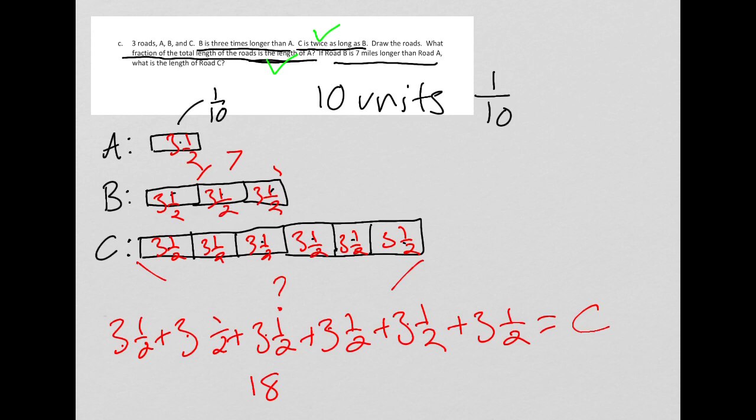And then I have 6 halves, and so that's going to be 1, 2, 3. So 18 plus 3 is 21. So it's 21 miles. Road C is 21 miles. And I figured that by finding out one unit.